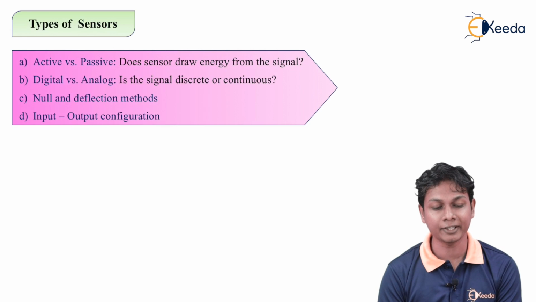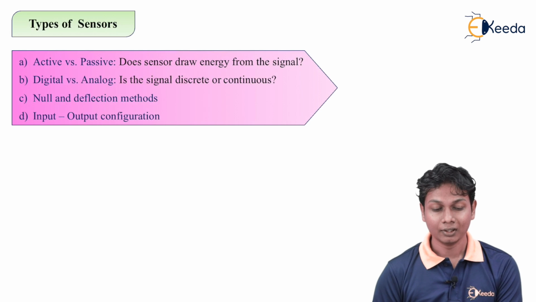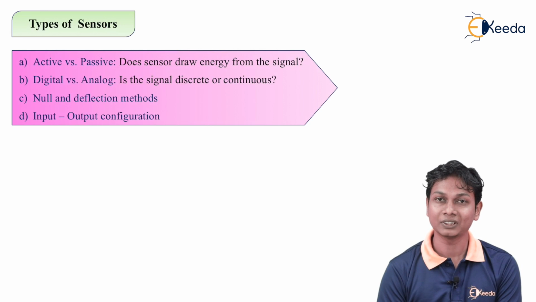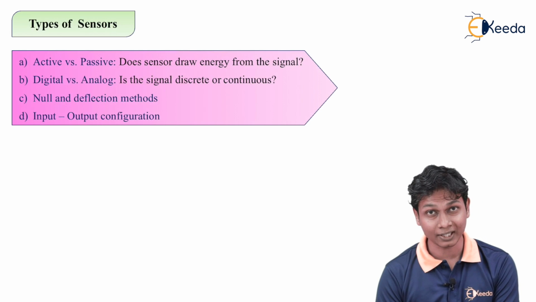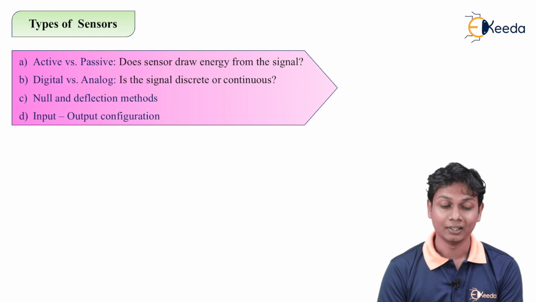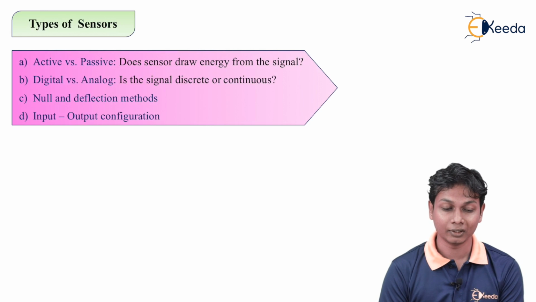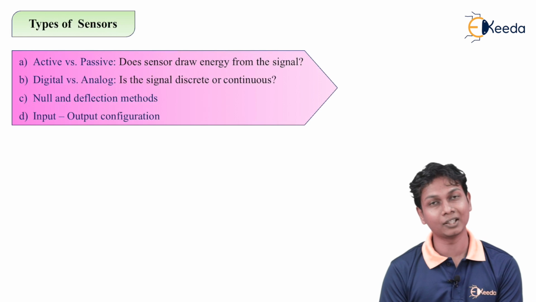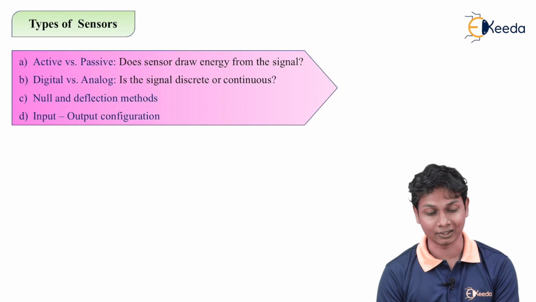First is active and passive types. Does the sensor draw energy from the signals? This is the question that arises, and the answer decides whether we have to use an active sensor or a passive sensor.